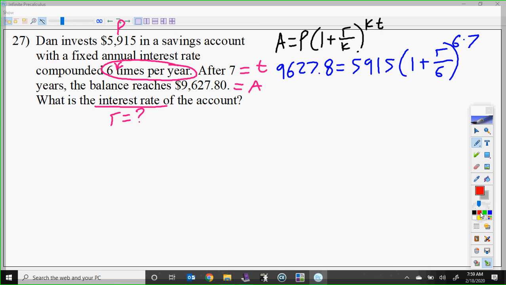Okay. So this one's going to be slightly different because what I'm looking for is now no longer in the exponent, but I have P and A, and we said that whenever I have both P and A, our first step is to divide A by P, or divide both sides by P. So 9627.8 divided by 5915.